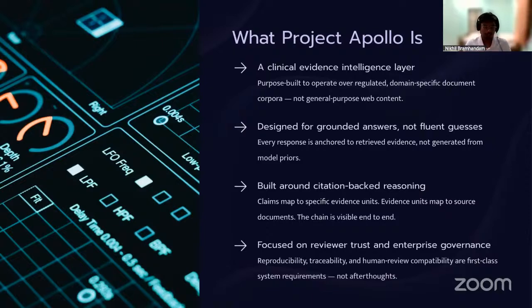And the focus here is on the trust part of it because it cannot be a black box machine anymore. Maybe a couple of years back, people used to think of AI as black box machines, but now we need to focus on making these traceable and human compatible systems first, not as afterthoughts, but as the priorities of the systems.